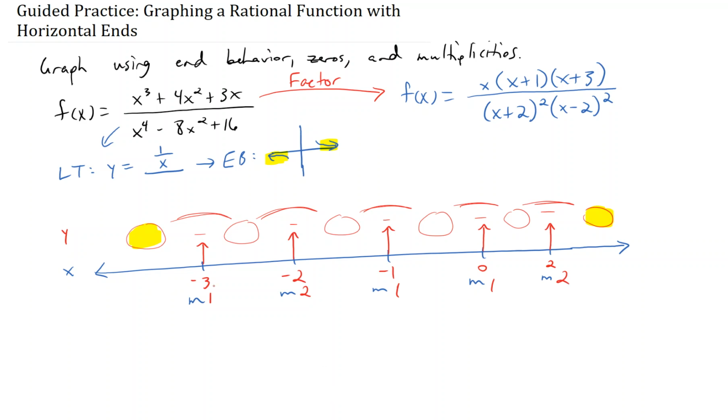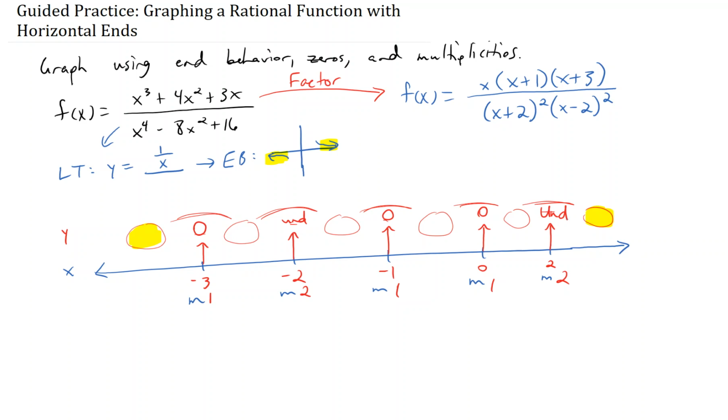The y values at each of the zeros are 0, undefined, 0, undefined, sorry, not undefined there, 0 here, and undefined here. Okay? Pause and correct your errors as you go here so you can figure out where you went wrong.